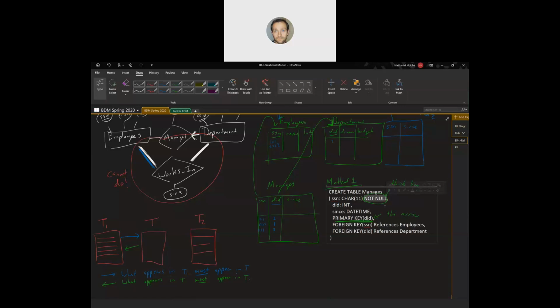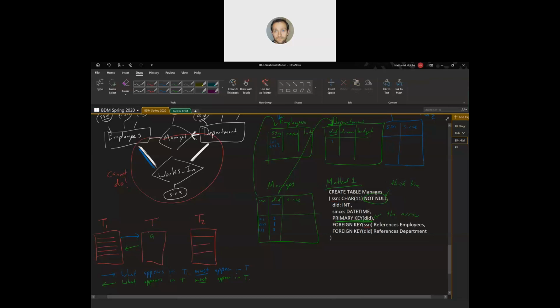You can say that if a value exists here, so for example, if this is a foreign key into this table, you can say that if A appears here, then A must also appear here. But you can't say that A must be used in this table.